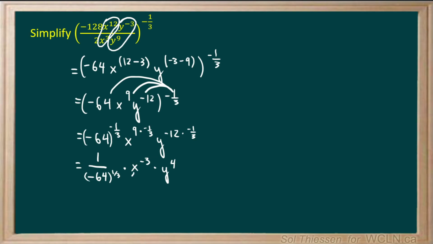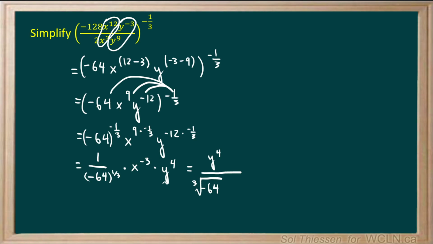So that means that the x is also going to end up in the denominator. So we'll have, maybe I'll do this over here so that we have enough room. We'll have y to the power of 4, since the y stays in the numerator, it has a positive exponent, divided by negative 64 to the power of 1/3, which is the same as the cube root of negative 64.